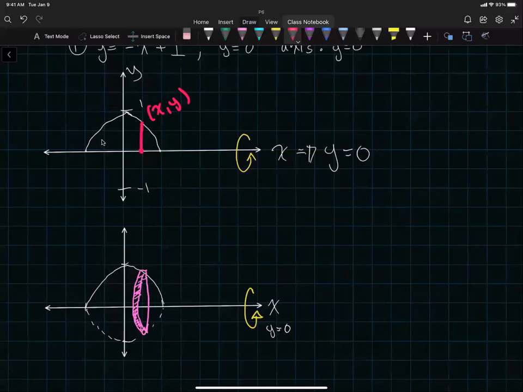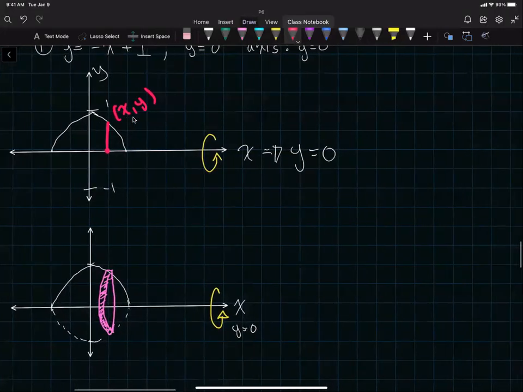Second thing, are the discs being stacked on the x-axis or are they being stacked on the y-axis?